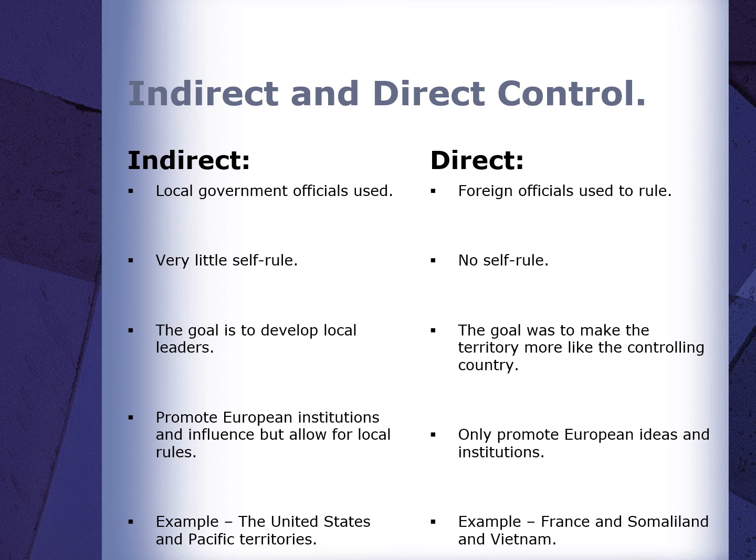So, for example, you see down there at the bottom, we have an example: France and Somaliland and Vietnam. France wanted to make those areas more like France, okay? Also, with that said, they were only going to promote European ideas and institutions. So they don't really want these native or territorial ways of thinking going on anymore. They want these people and these governments that they're controlling to think and act like Europeans.